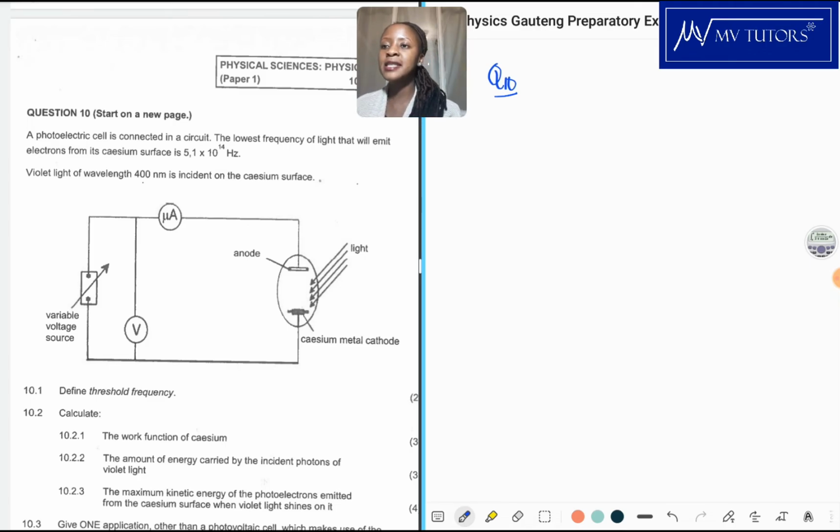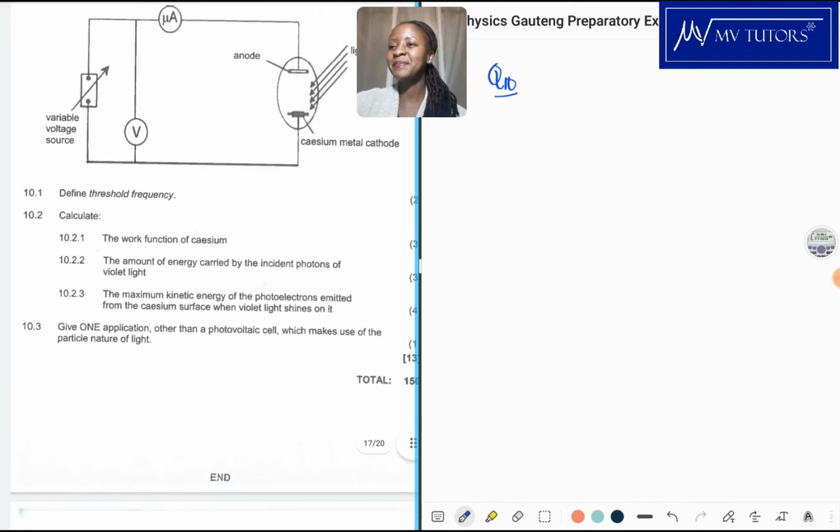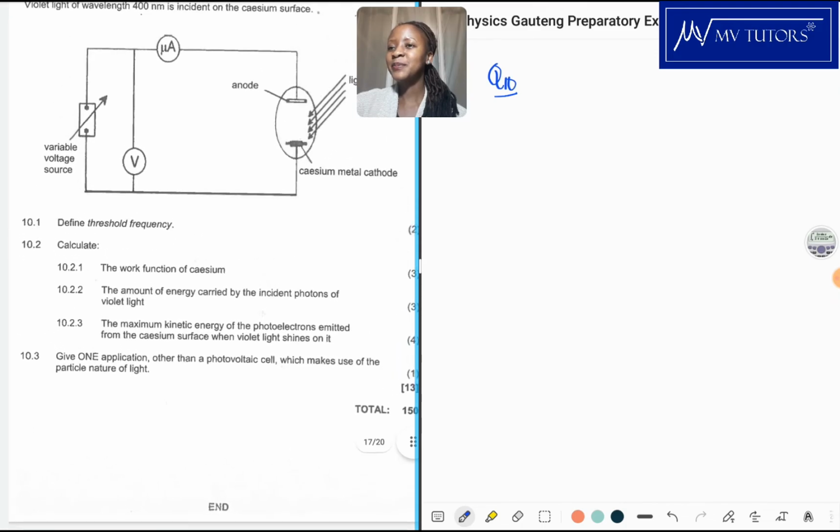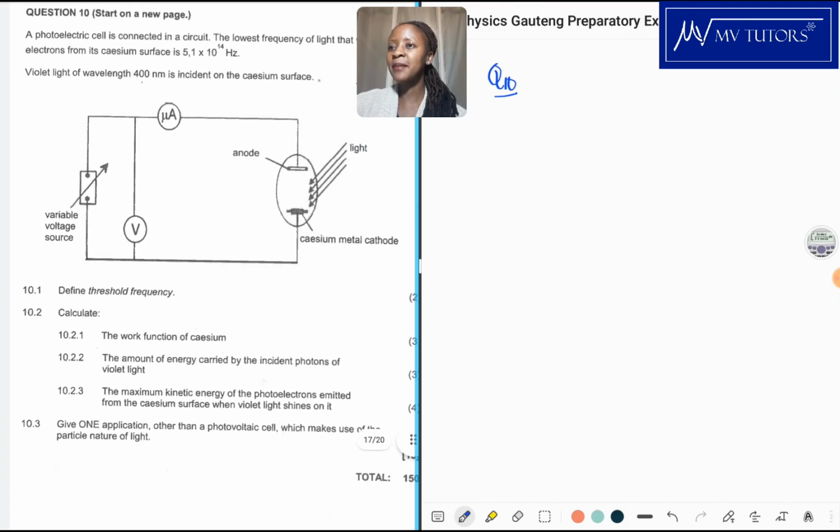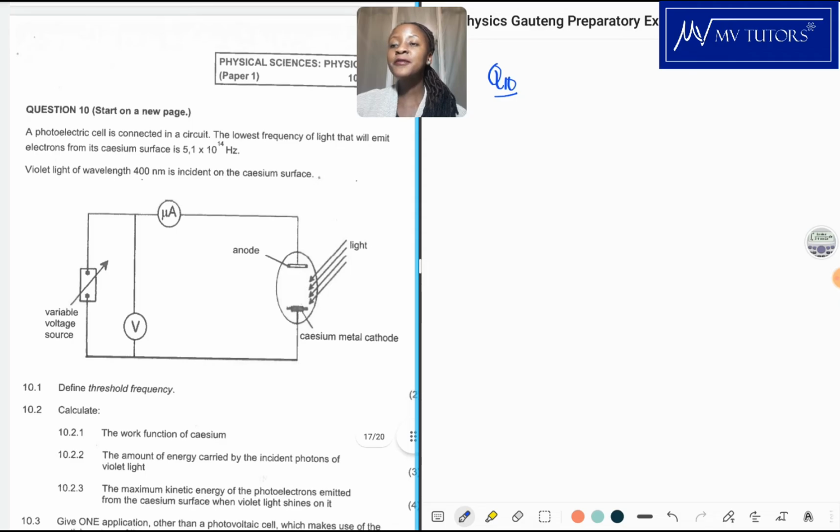I think cesium on the periodic table is Cs. You can correct me. And this frequency that they've given us is actually the threshold frequency.